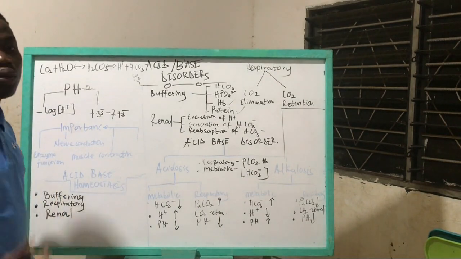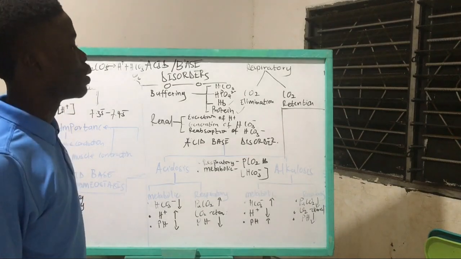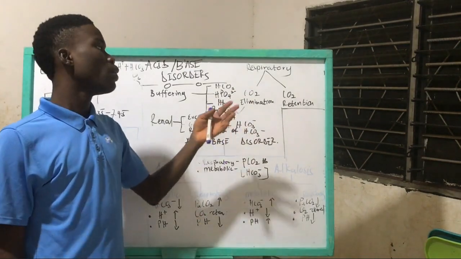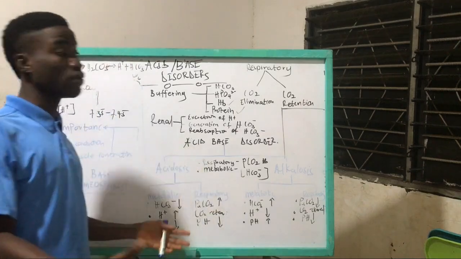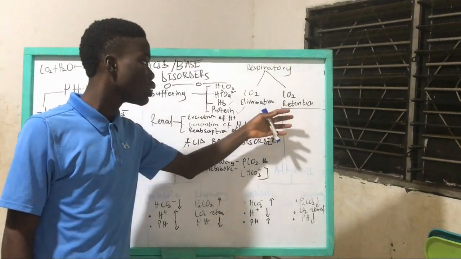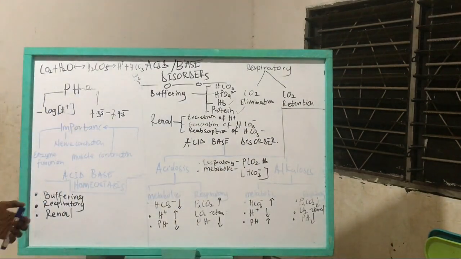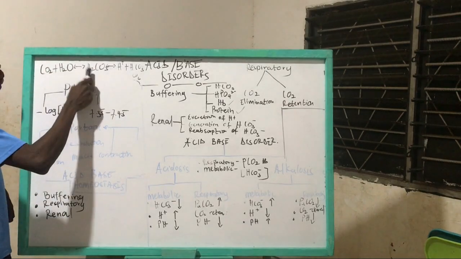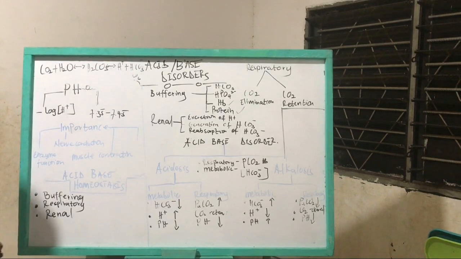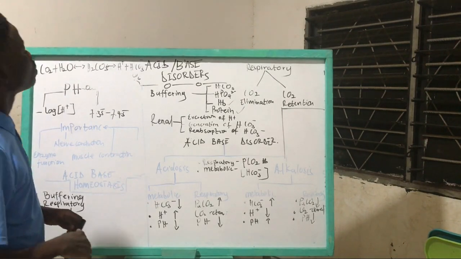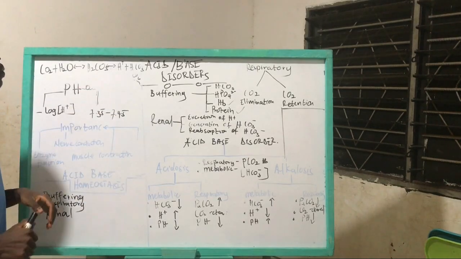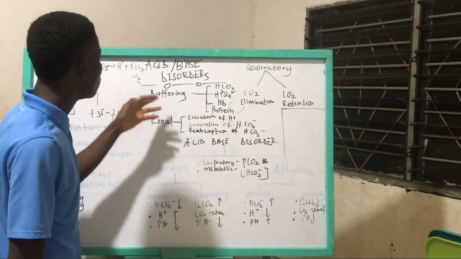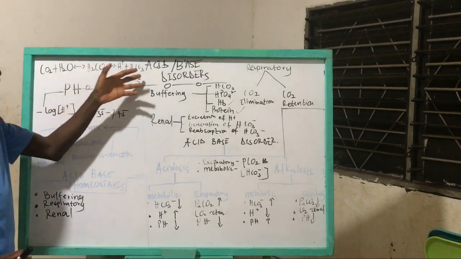So when there is so much carbon dioxide within the body, or when there is carbon dioxide retention, this is what actually happens in the body. Carbon dioxide combines with water to form carbonic acid, which will dissociate to form hydrogen ions and hydrogen carbonate.